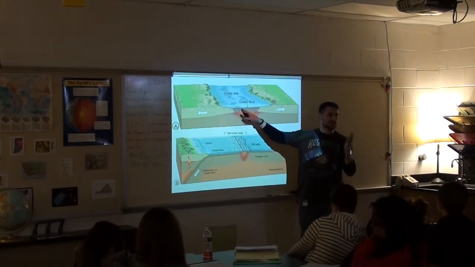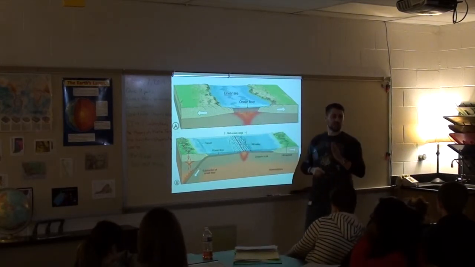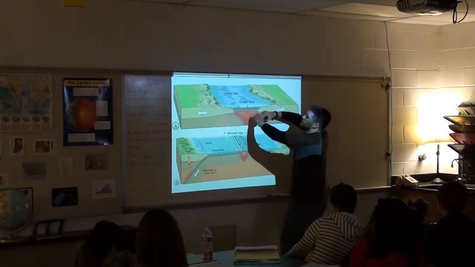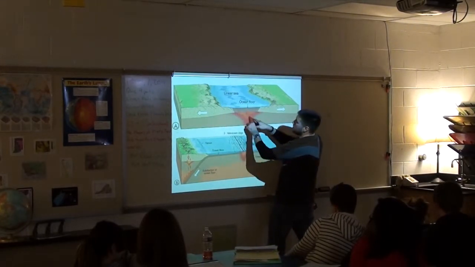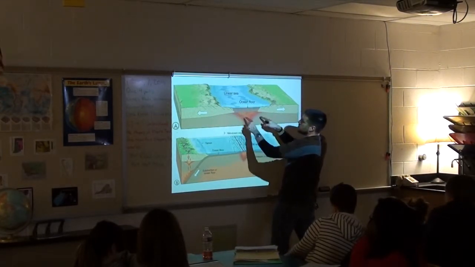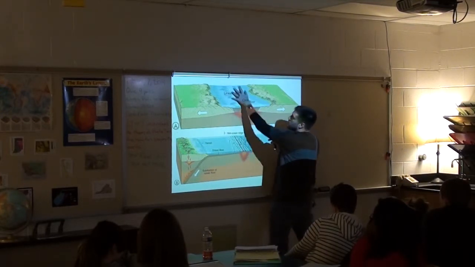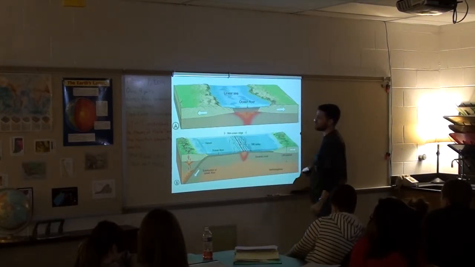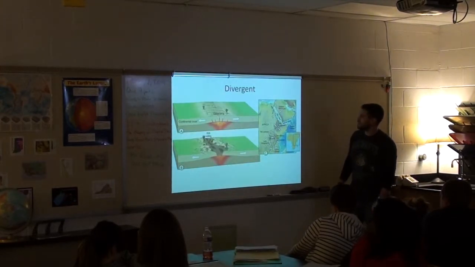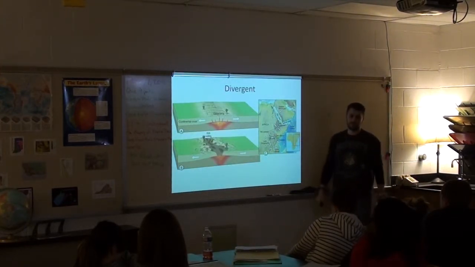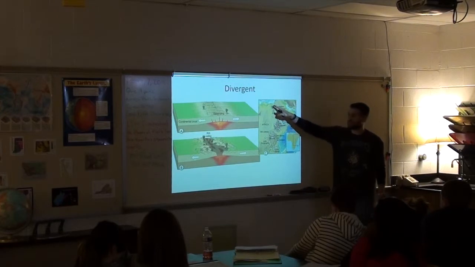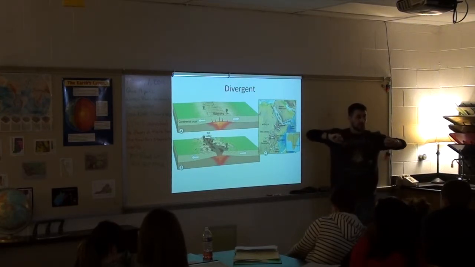A linear sea means a sea that's in a straight line. Linear meaning line. So here we have, it's been ripped apart, ripped apart, ripped apart. The oceanic crust is beginning to form. The divergent ridge is starting to develop. And now you have an ocean or a lake in the middle. Where on the map do we see that? The Red Sea. The Red Sea is a beautiful example of that linear sea formed by the earth literally being ripped in half.